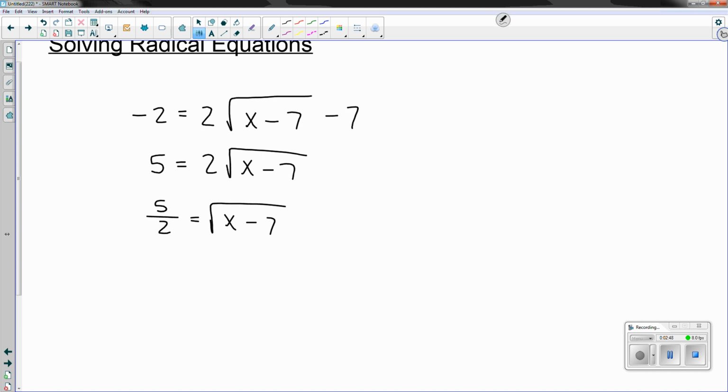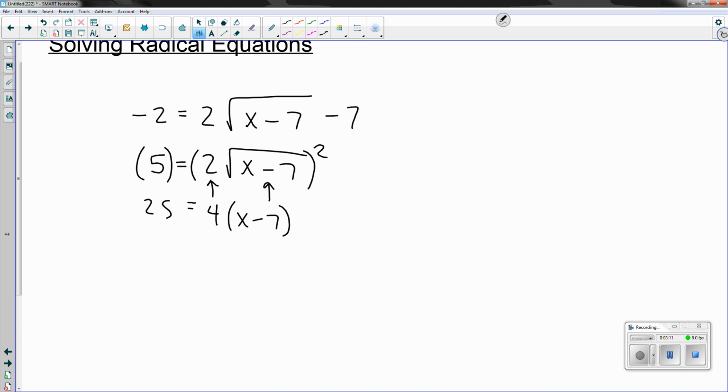But as things get a little more complicated, it's not really that big of a deal to leave that 2 in front, because squaring both sides at this point, all I have to realize is that I have to square that 2, because I have 2 terms in this parenthesis that are being squared. The 2 gets squared to 4. The square root of x minus 7 gets squared, and that cancels, and I get this. And I can work off of that.